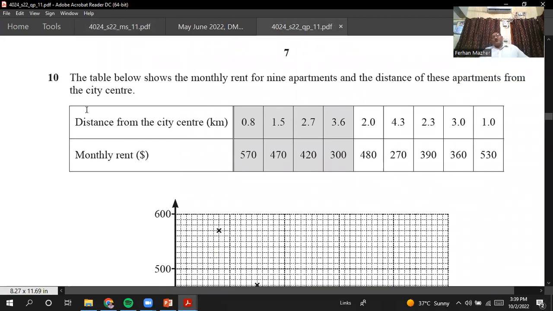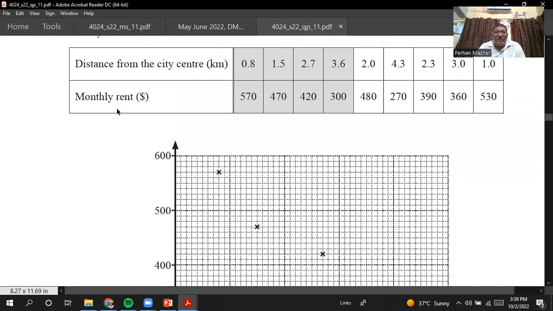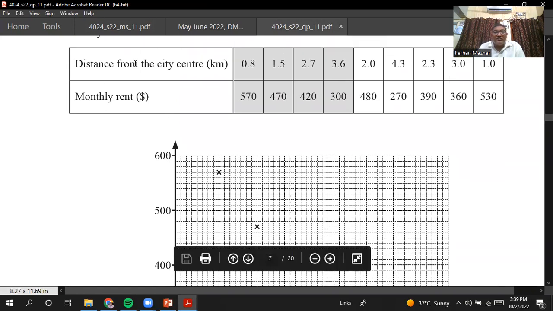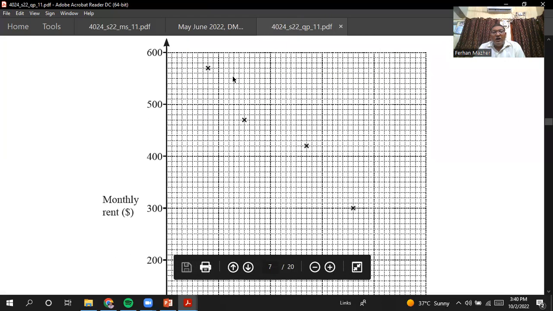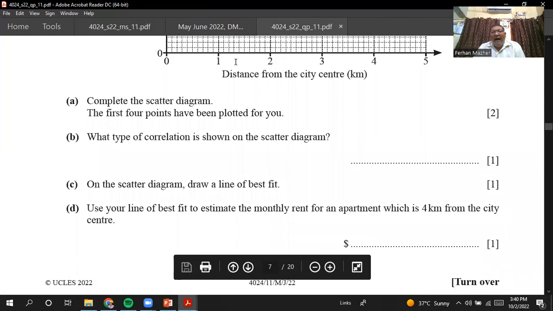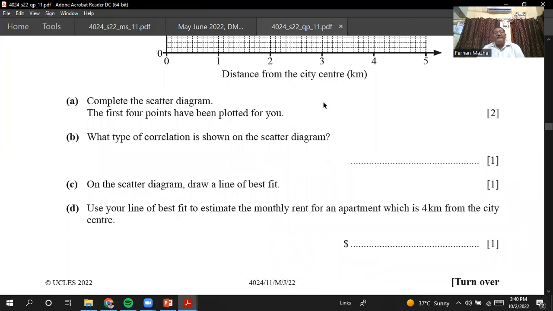The table below shows the monthly rent for 9 apartments and the distance of these apartments from the city center. So in this table, we have the distance from the city center and the monthly rent. Complete the scatter diagram.